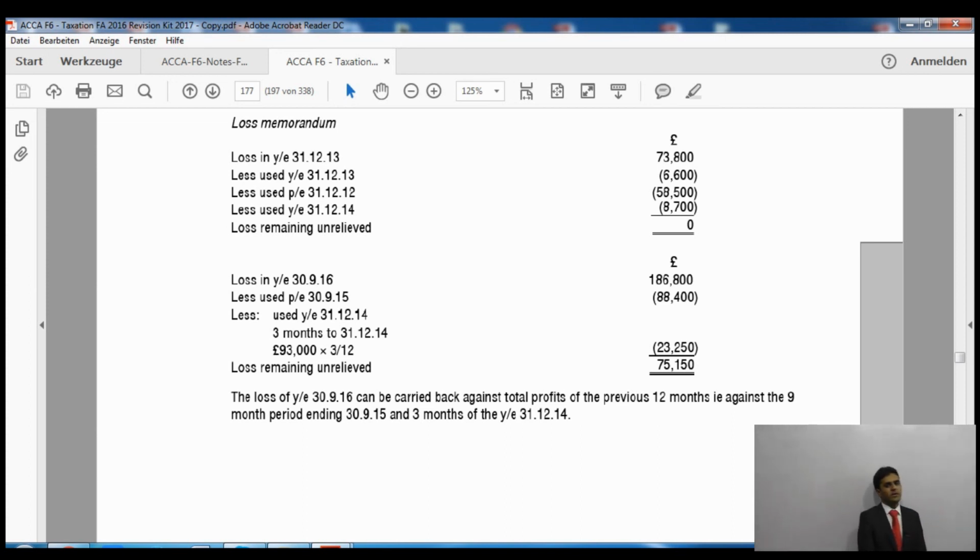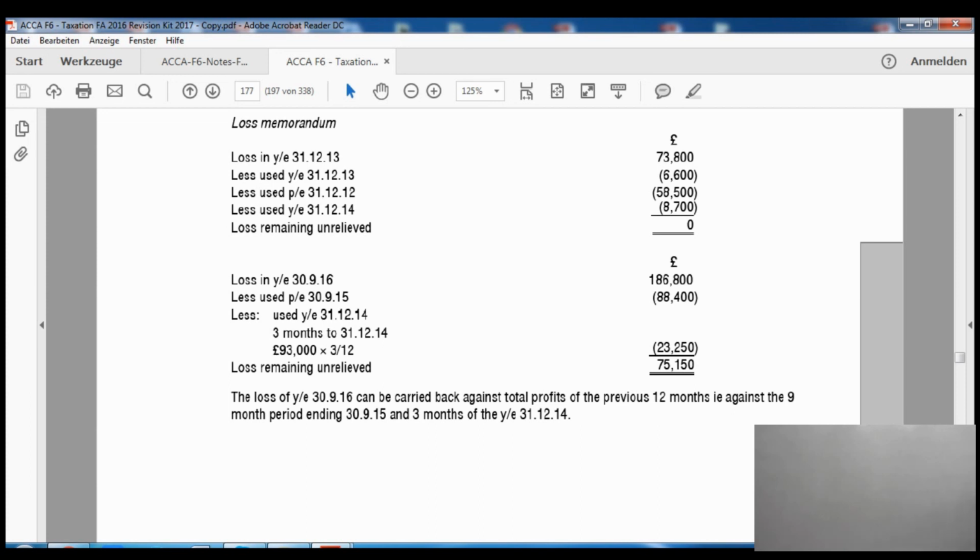Now what we did, we adjusted first against the current year's total income. In the current year he had only £6,600. Then anything left we set off against the previous year, which was 2012, and we set off 58,500 in the previous year. Then anything that remained we carried forward to 2014, and we set off 8,700 in the next year. Right?